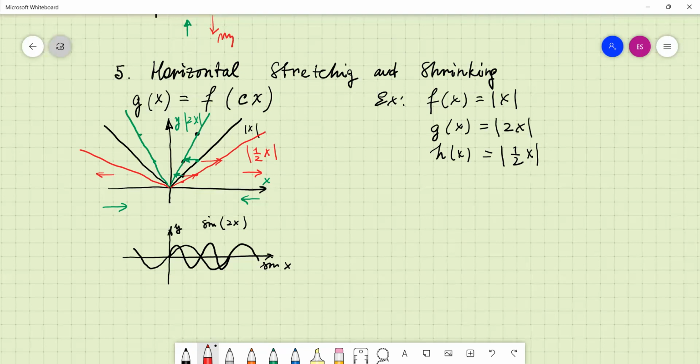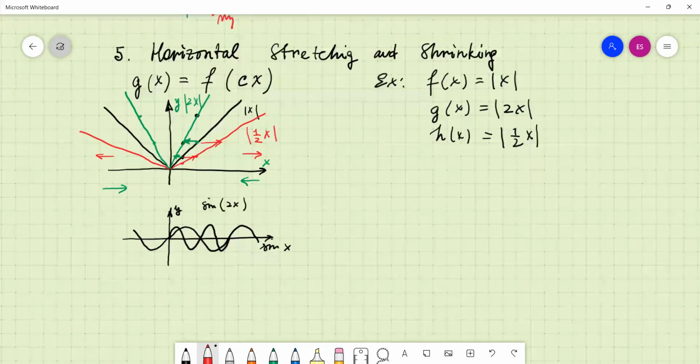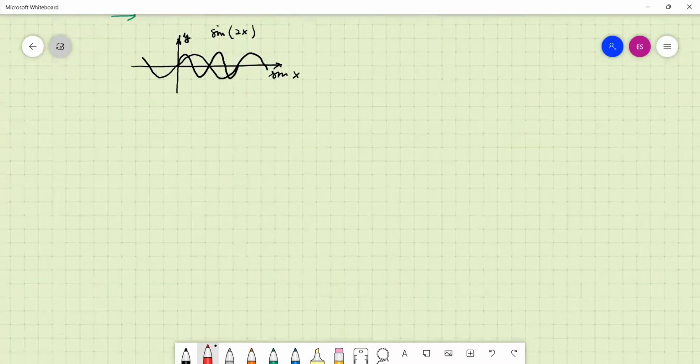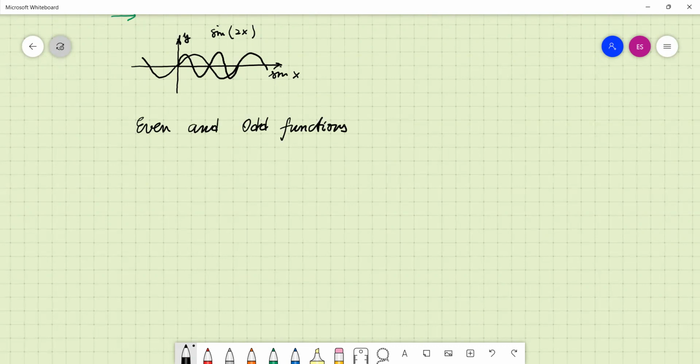The last thing in this section is going to discuss even and odd functions. Really, it's not a transformation, it's just a special property of a function. Okay, even and odd functions. I'm going to start with the definition.